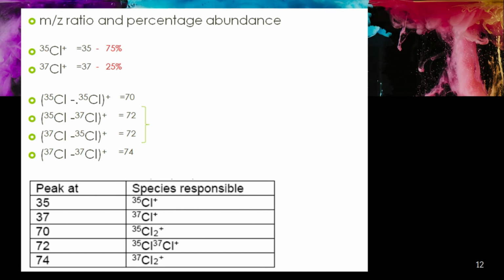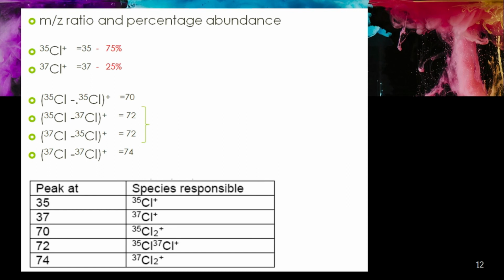And then 37Cl and 35Cl again forms a peak at 72, whereas 37Cl and 37Cl will form a peak at 74. And since that is for the molecular ions, according to the fragmented ions, there will be peaks formed at 35 and 37. The species responsible are shown in the table for the relative peak values.